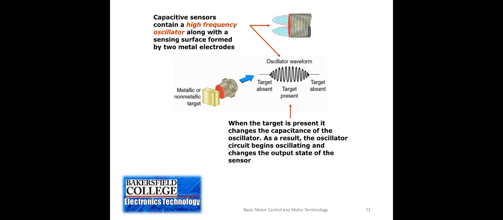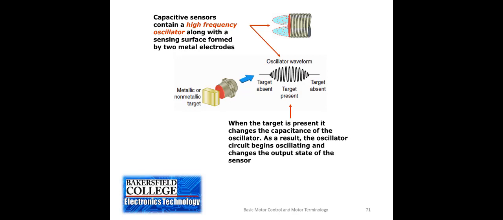The capacitance, or the capacity of that capacitor, is determined by a couple of factors: the area of the plates, the distance between the plates, and the type of dielectric or insulating material between the plates.